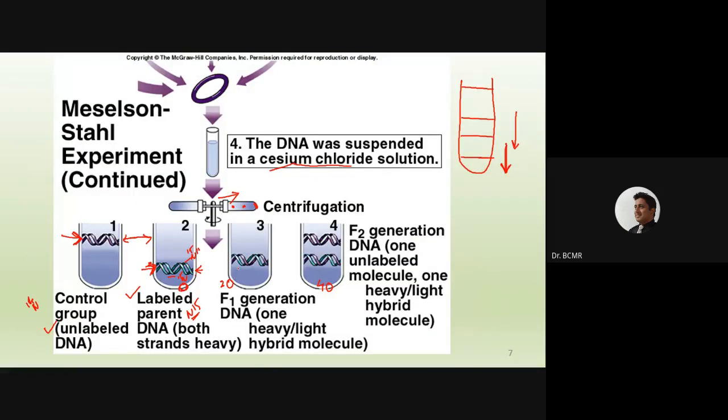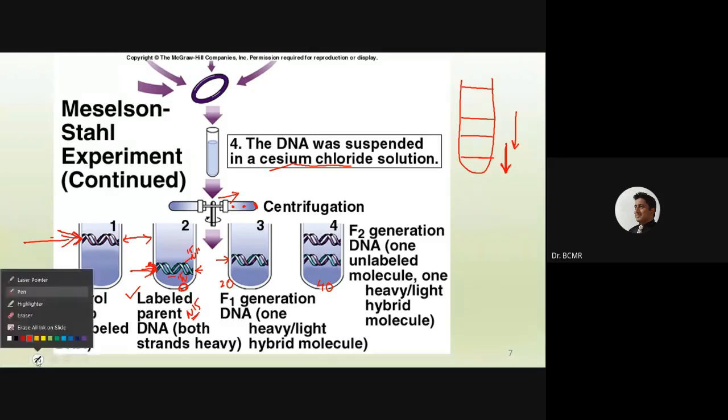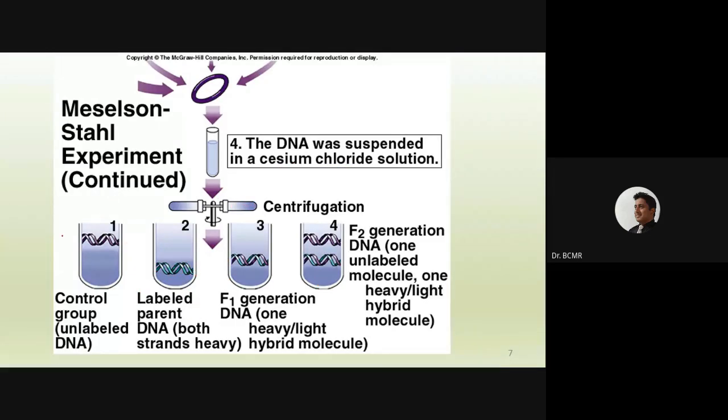So the DNA showed a band in between. If you see, unlabeled is here, labeled is here, right? I will erase it and get back. I can draw a line like this. That is unlabeled, this is labeled, and this band was formed in between like this.